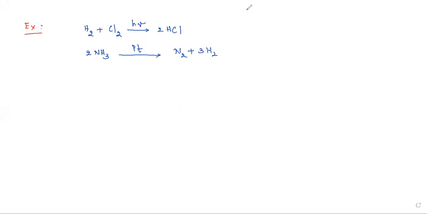Look at the stoichiometric coefficient, 2. But when you go for the rate expression, rate is equal to K into ammonia to the power 0. It's a zeroth order reaction, right?